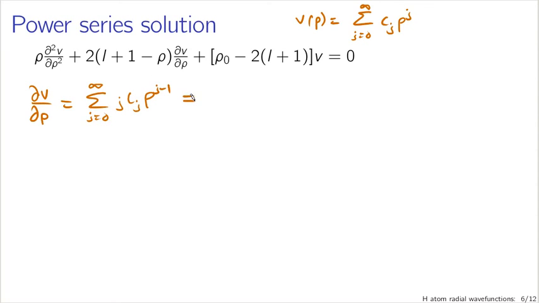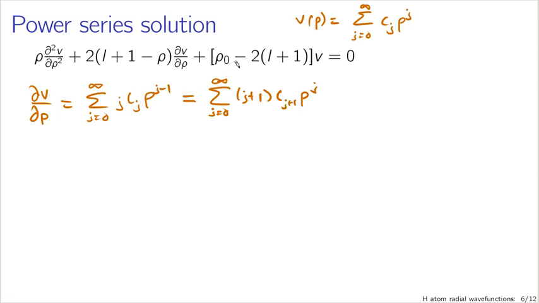I can also rewrite this, relabeling the index of the sum, essentially replacing j with j plus 1 everywhere here and replacing j with j minus 1 in the limits of the sum. What you end up with is the sum from j equals 0 to infinity, which contains the only relevant terms, of j plus 1 times c sub j plus 1 times rho to the j.